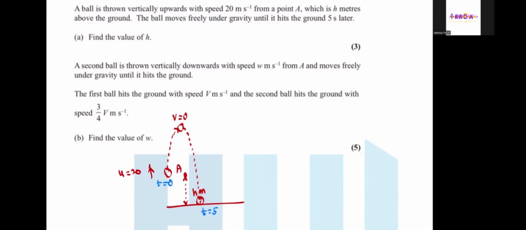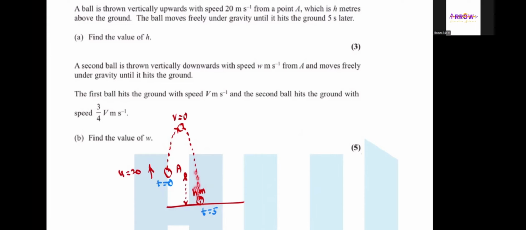So for this whole journey from t equals 0 to t equals 5, when t is equal to 5 the ball is away from the starting point, but in the opposite direction.